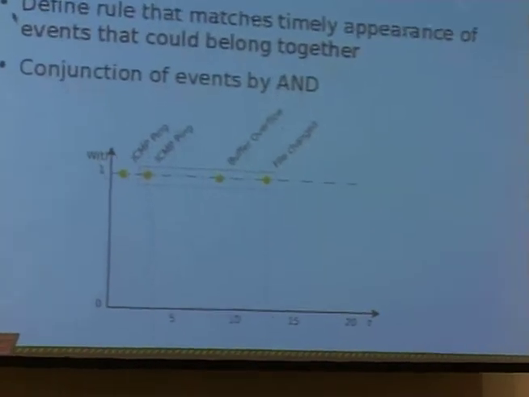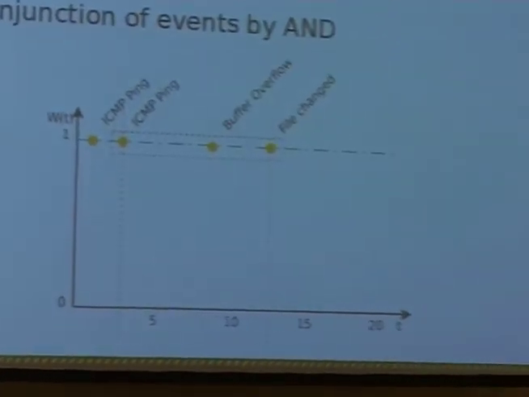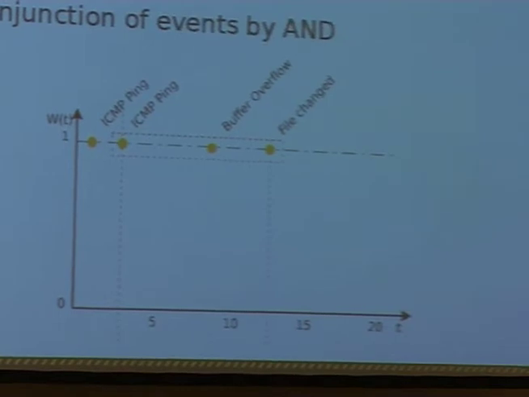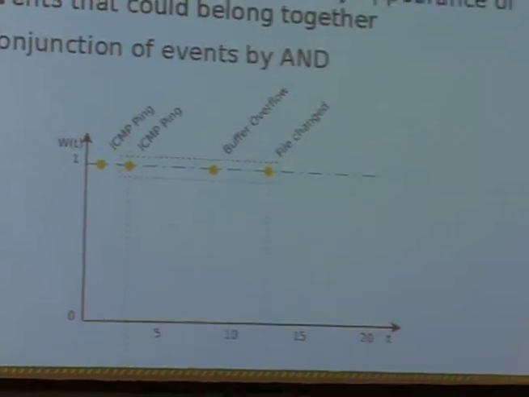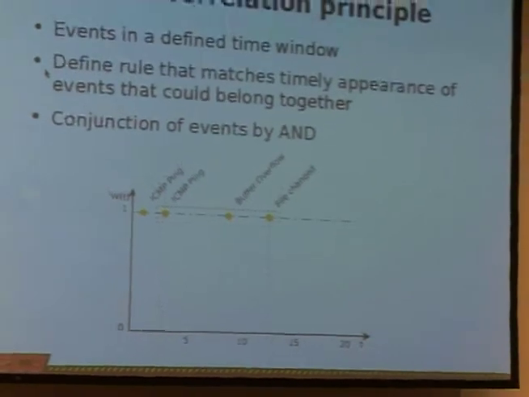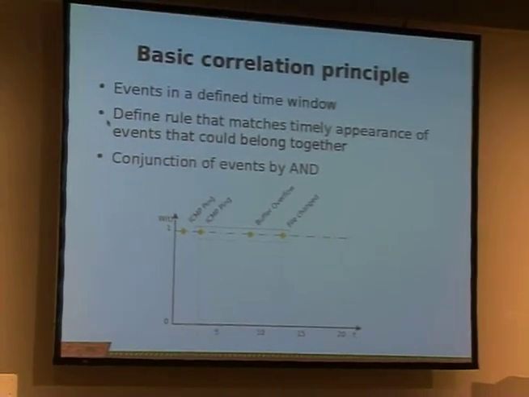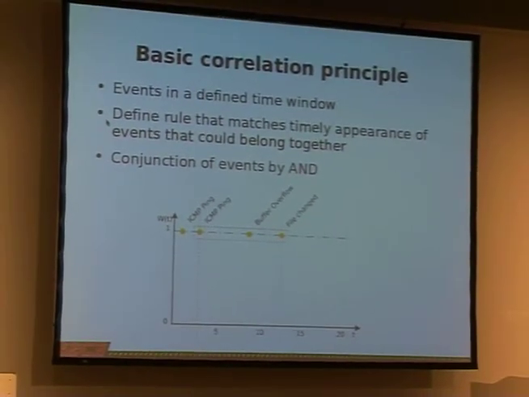And if this buffer overflow is successful, the worm distributes, it will change some file that actually shouldn't be changed on your attacked system. So what we can do with this basic correlation approach is we say, okay, if this happened and this happened and this happened, we will have an incident.